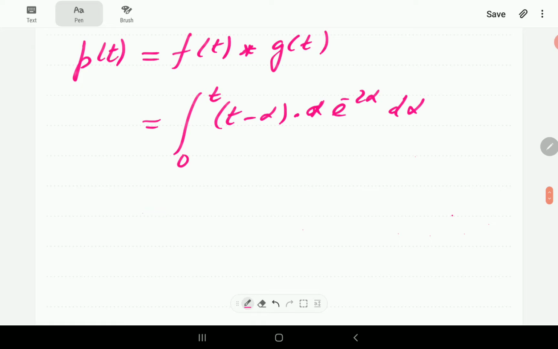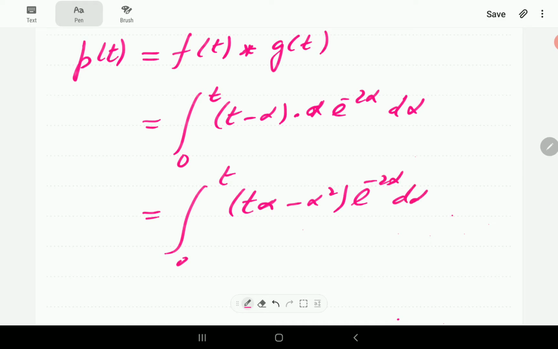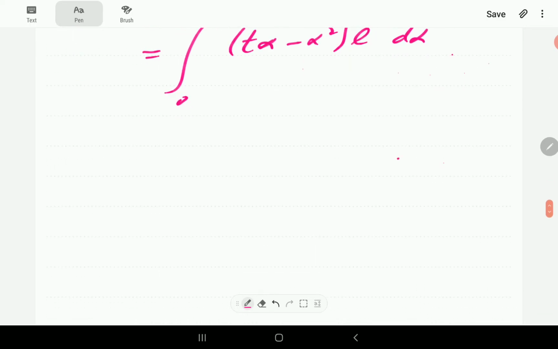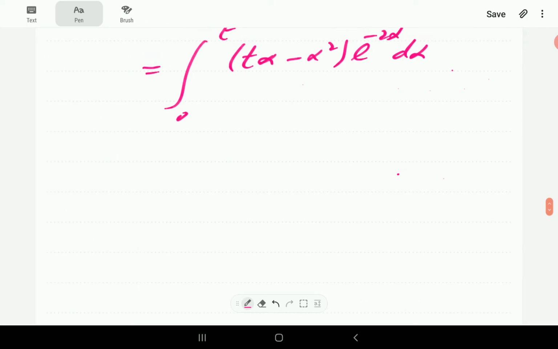So this is the same as the integral of (t alpha minus alpha squared) e to the minus 2 alpha d alpha. And then using tabular integration, we can evaluate this.